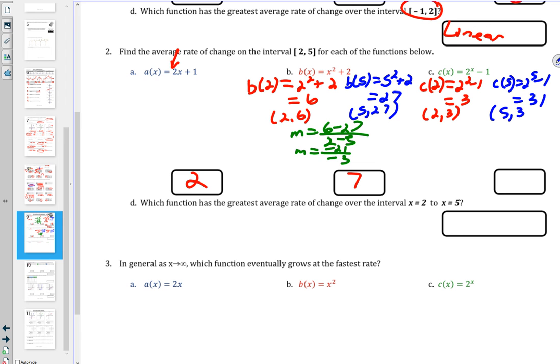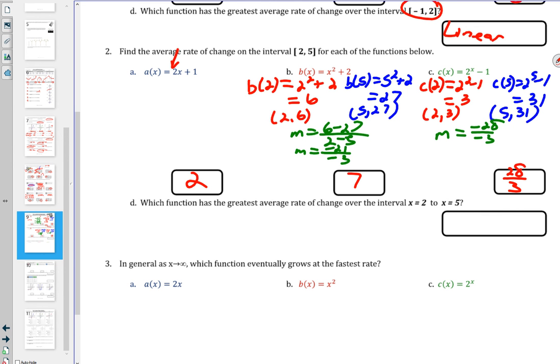So 5, 31. The slope is negative 28 over negative 3. That cannot be reduced. So that just gives me 28 over 3. Negative divided by negative is positive.